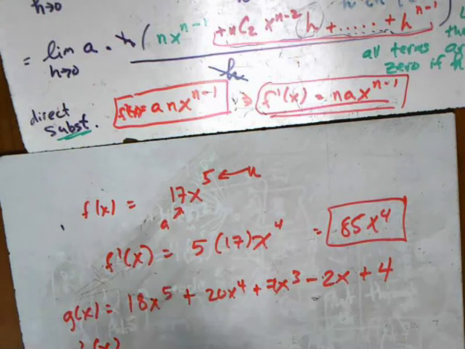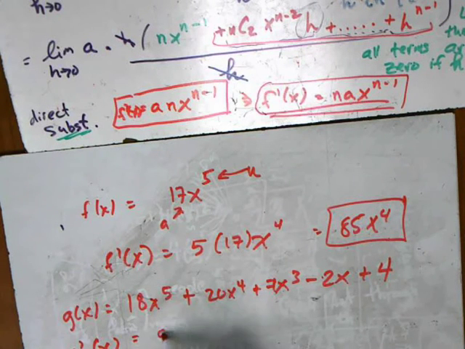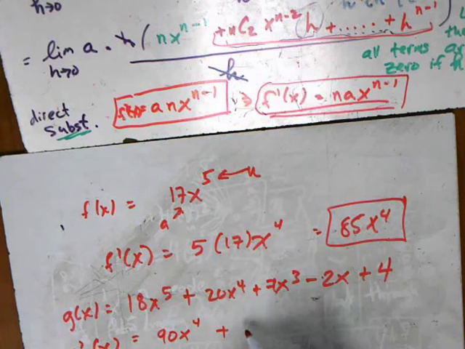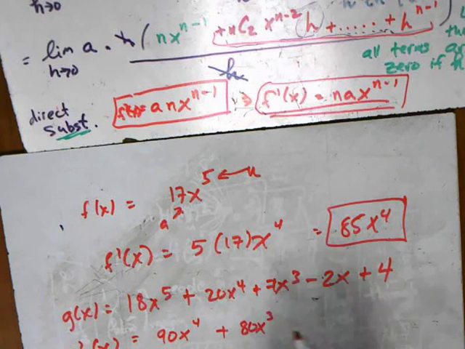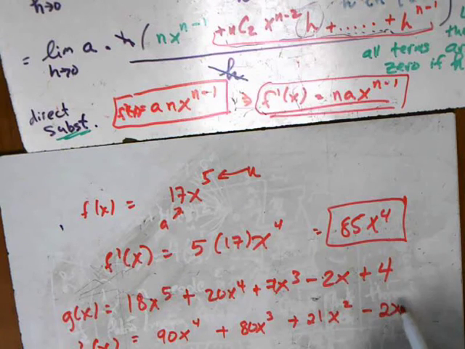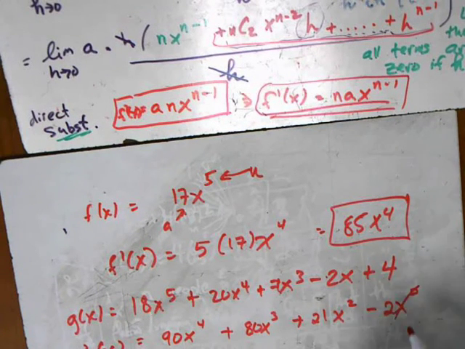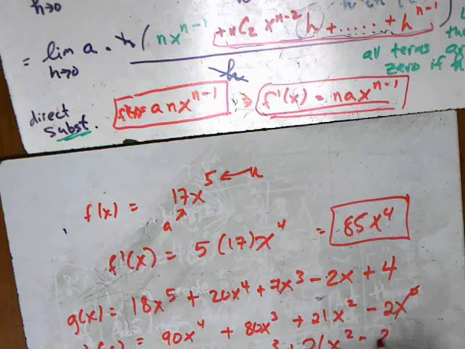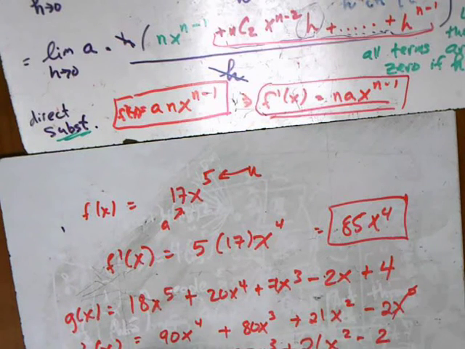So this is really 5 times 18, that's 90, x to the 4th, plus 4 times 20, that's 80, x to the 3rd, plus 21x to the 2nd, minus 2 times x to the 0th, which is just 2. So this is 90x to the 4th plus 80x cubed plus 21x squared minus 2. That's what g prime of x is equal to.